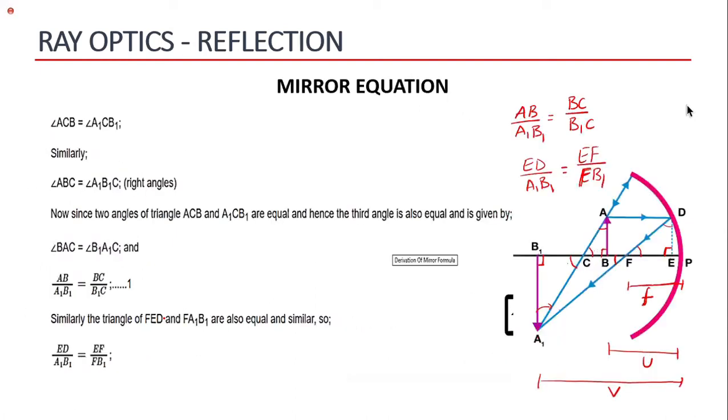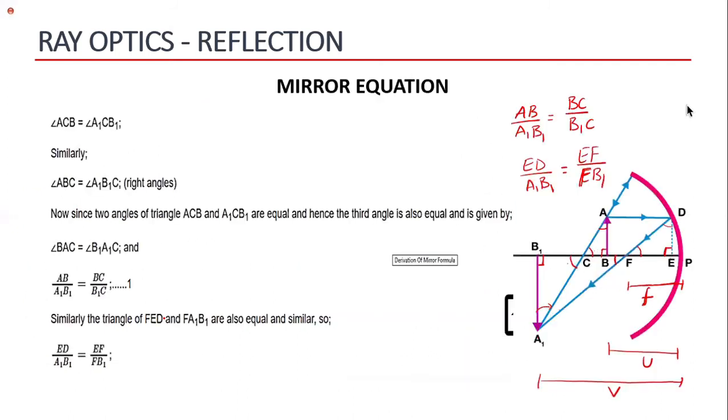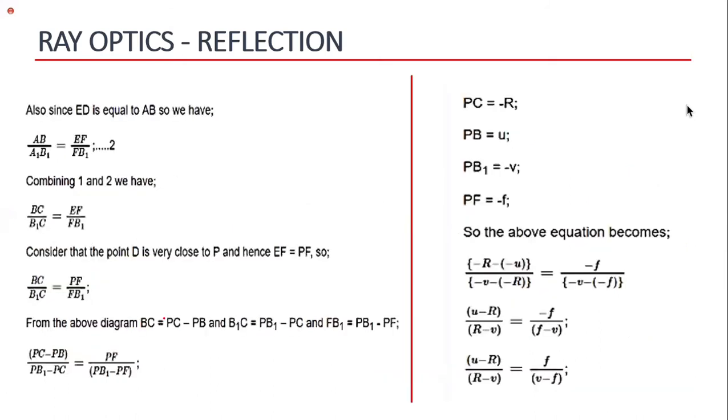Now I'm writing this as 2, and the first one I've written as 1. So if you combine 1 and 2, you will get BC divided by B1C is equal to EF divided by FB1. Any doubt?